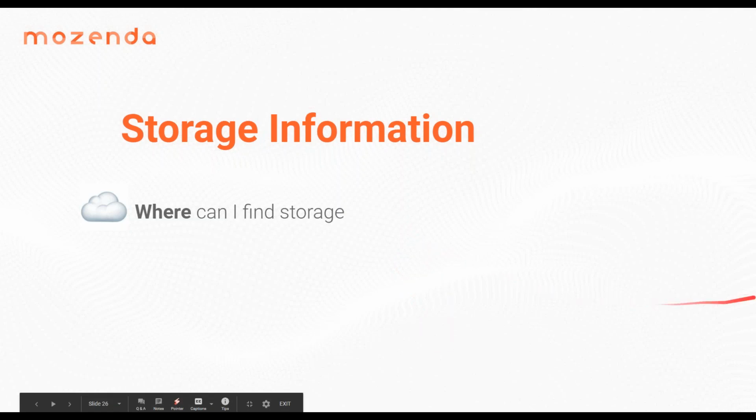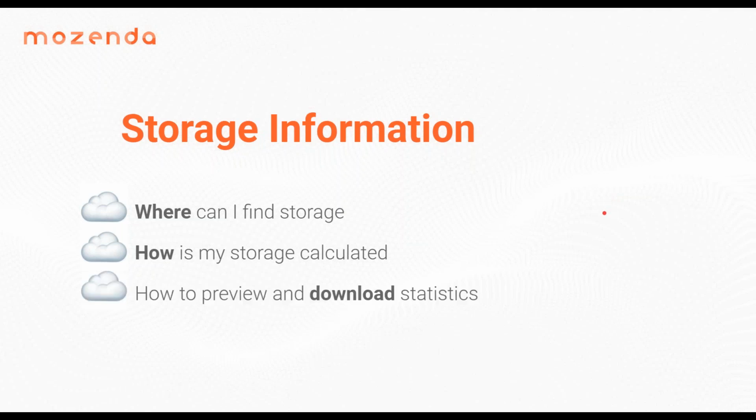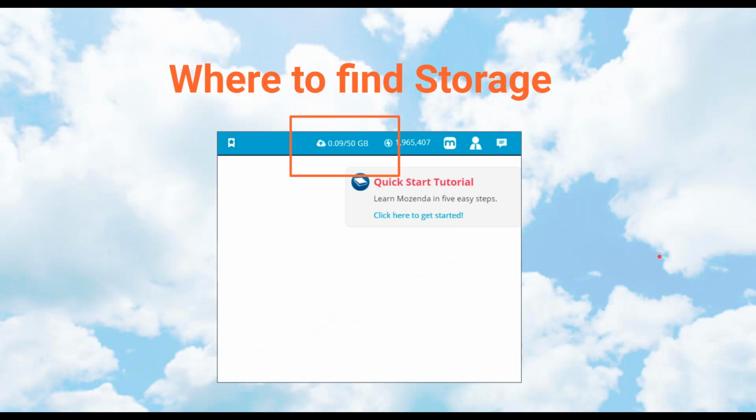We have web storage information, where you can find the storage, how it's calculated, and how to preview the statistics as you're looking at them. The easiest way, which I love, I was finding such a hard way to go through this, and Brian and I were talking, he's like, Georgia, you just click on the storage icon right here.